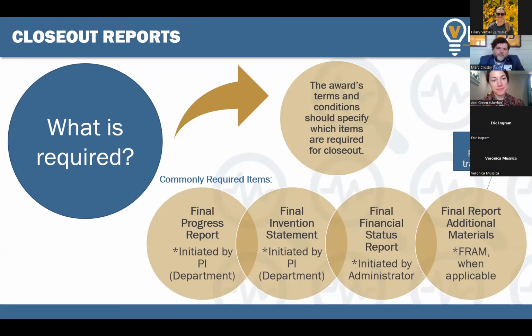Are most of the participants retaining the documentation in paper form, or do you have an electronic process where you store the files electronically, or a combination of the two?